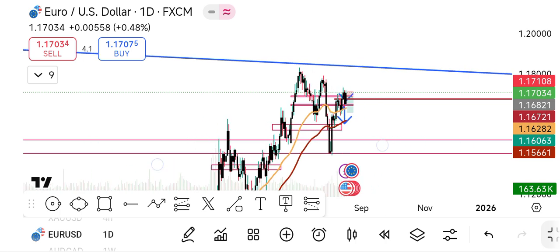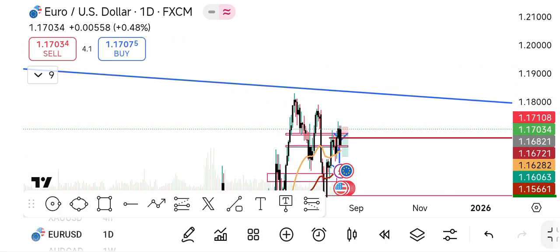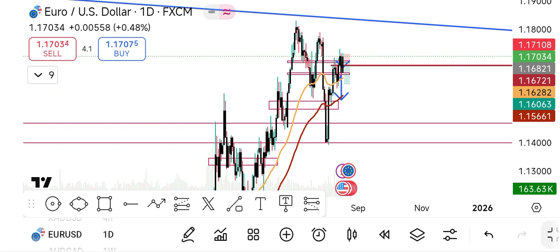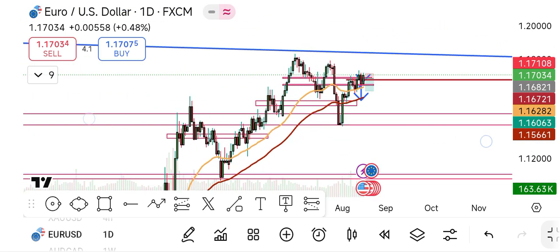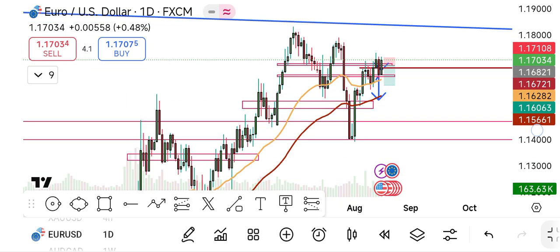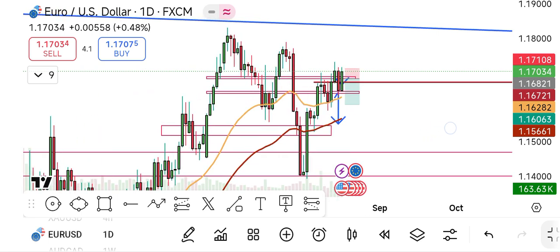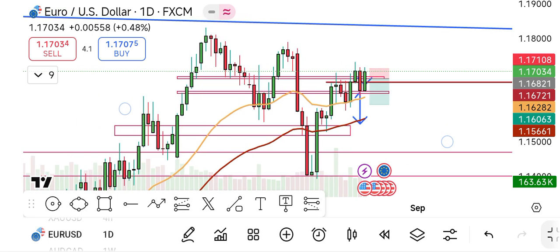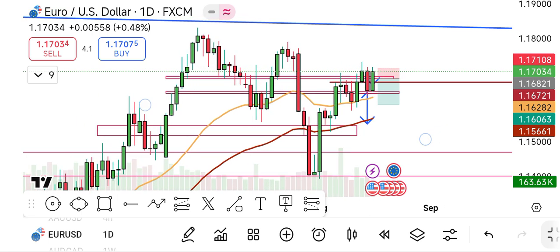If it does exceed this blue line, that means the market is going for a bullish uptrend. But when I zoom into the daily time frame, it is giving me different opportunities.